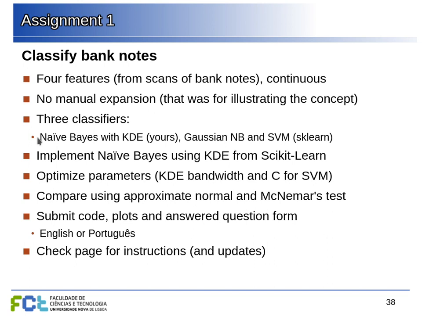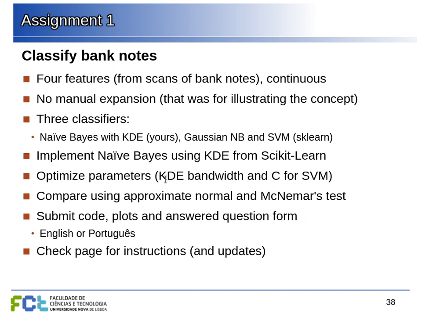So the only classifier you're going to implement will be this version of the naive-Bayes classifier with kernel density estimation, and even the kernel density estimation you can use the one from scikit-learn.